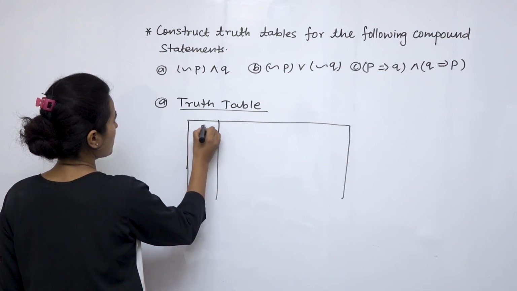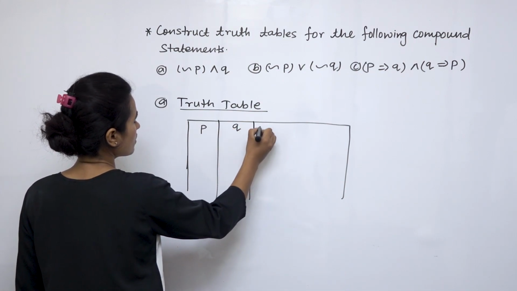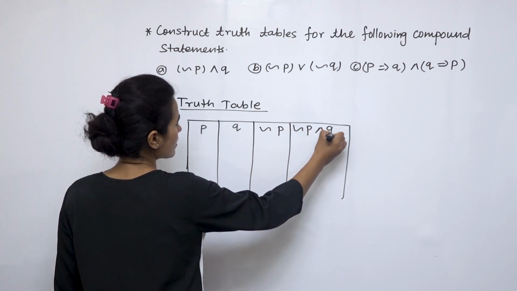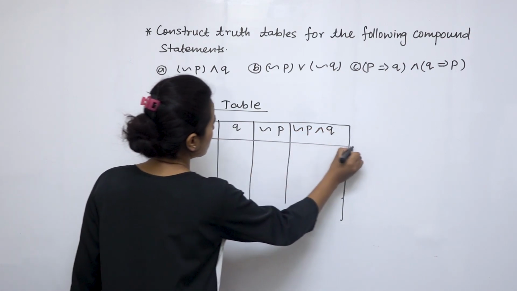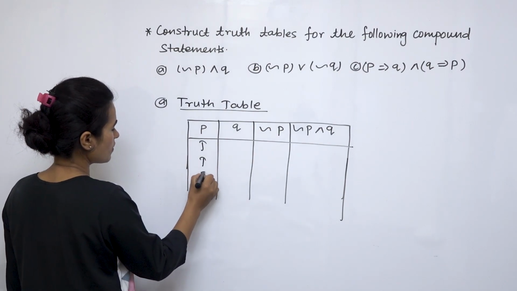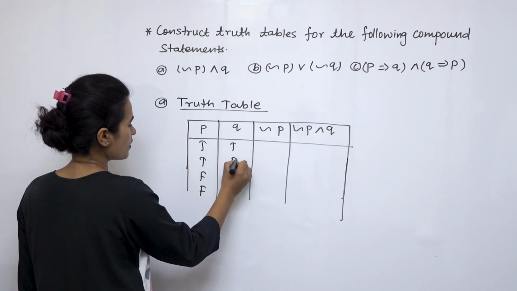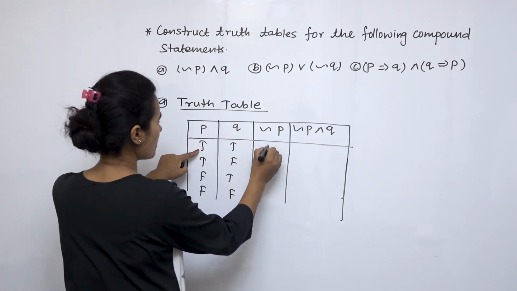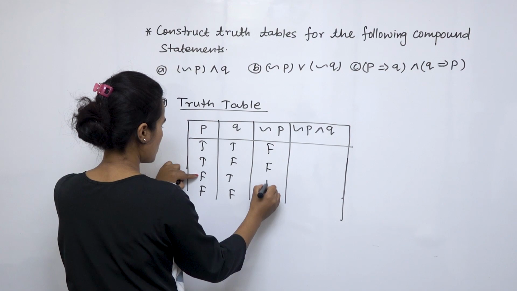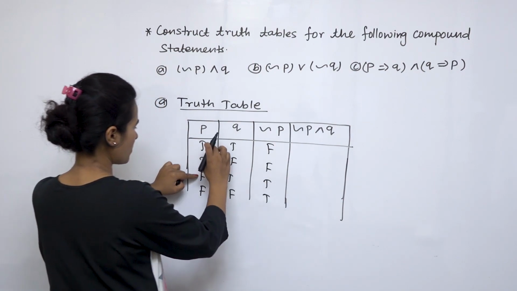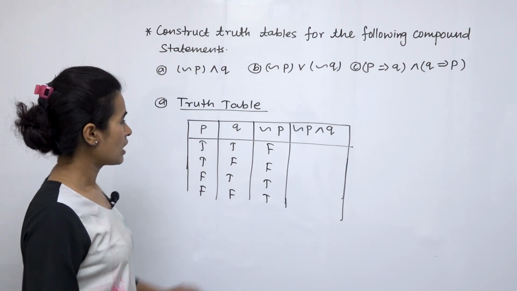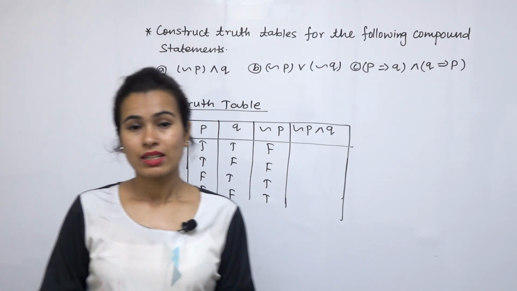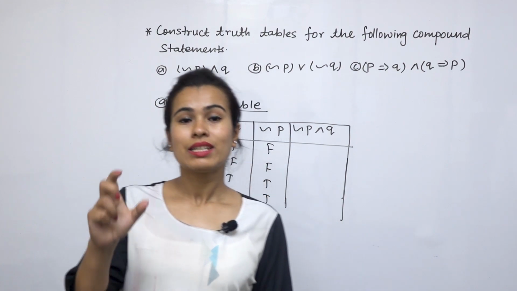Truth table. P, Q, negation P and Q. So P: true, true, false, false. Q: true, false, true, false. Negation P means the opposite of P: false, false, true, true. Opposite of T is false, opposite of F is T. Now we have to do negation P and Q. When we do and, if both are true, the result is true.